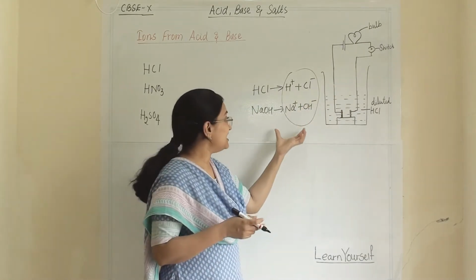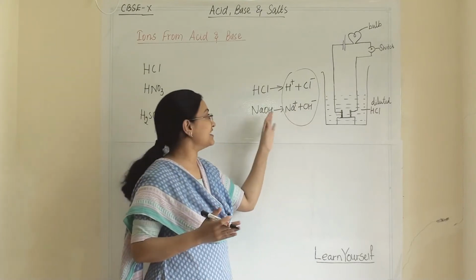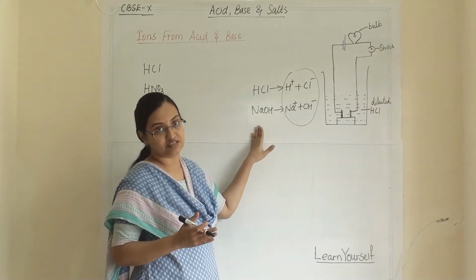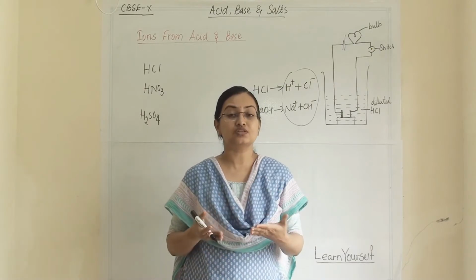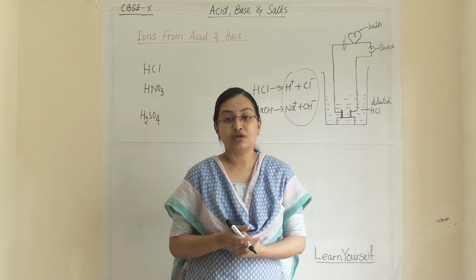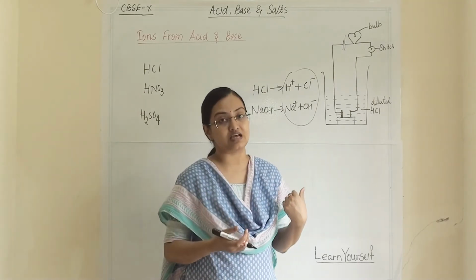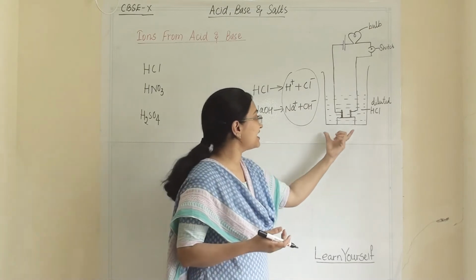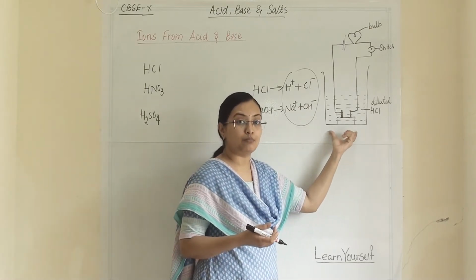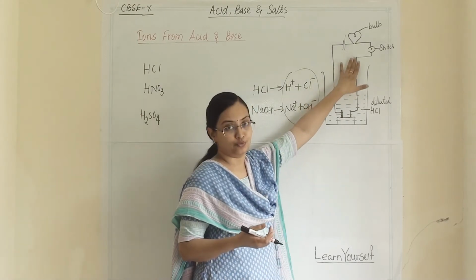So we need dissociated ions, which we always get from acid or base. We do not get those kinds of ions from alcohol and glucose, because those compounds won't dissociate and give us ions. So when alcohol or glucose is taken as the electrolytic solution, the bulb will not glow.